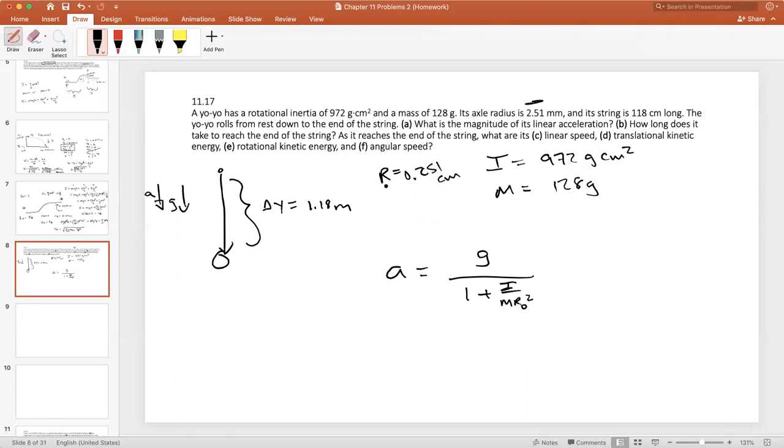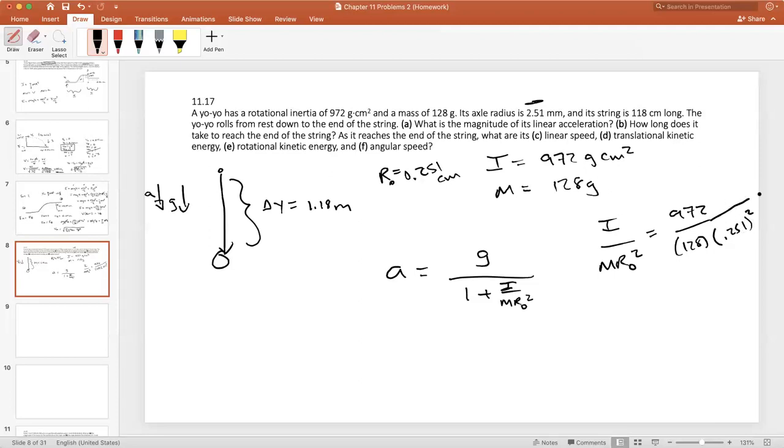If I put this in centimeters, when I take I over m r naught squared, if I is in gram centimeter squared and mass is in grams and r naught is in centimeters squared, my units are correct. So this is 972 gram centimeter squared, 128 grams, and 0.251 centimeters squared.